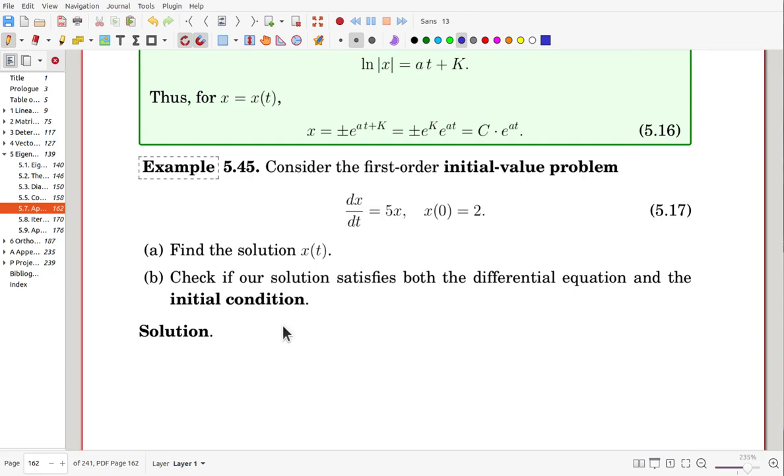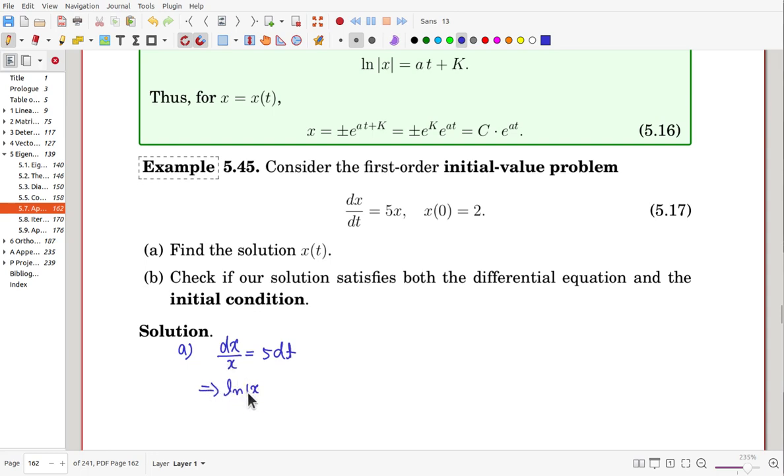Now if we use that formula, then x will become c times e to the 5t. Here a is 5. Rather than using the formula, let's try to solve it step by step. Now from the equation we have dx over x is the same as 5 dt. From that, there is an integration.